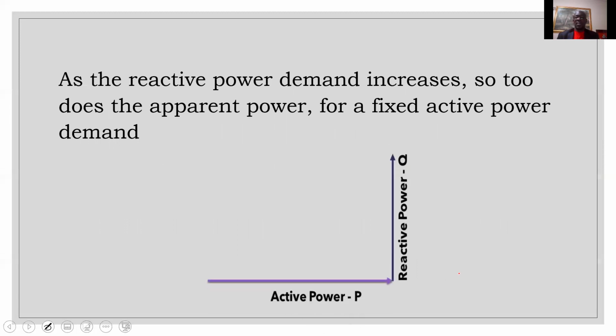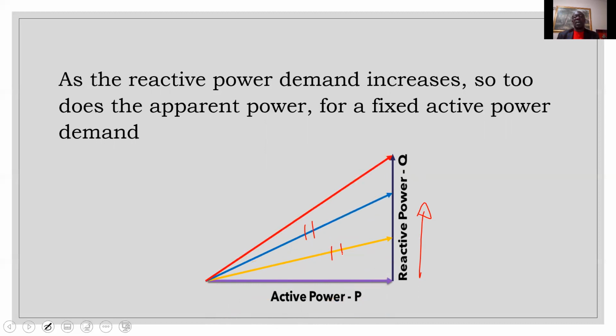So here, I'm going to show increases in my Q. For a small Q, I get a certain value of S. As Q increases, it means that the length of my hypotenuse is increasing. All right? And so the larger Q is, so as Q increases, for a given P, S also increases.